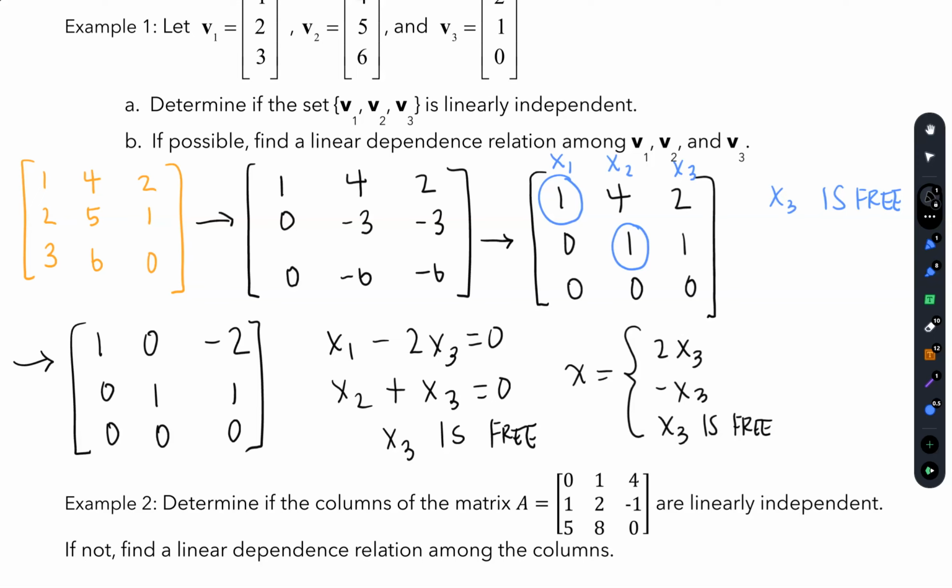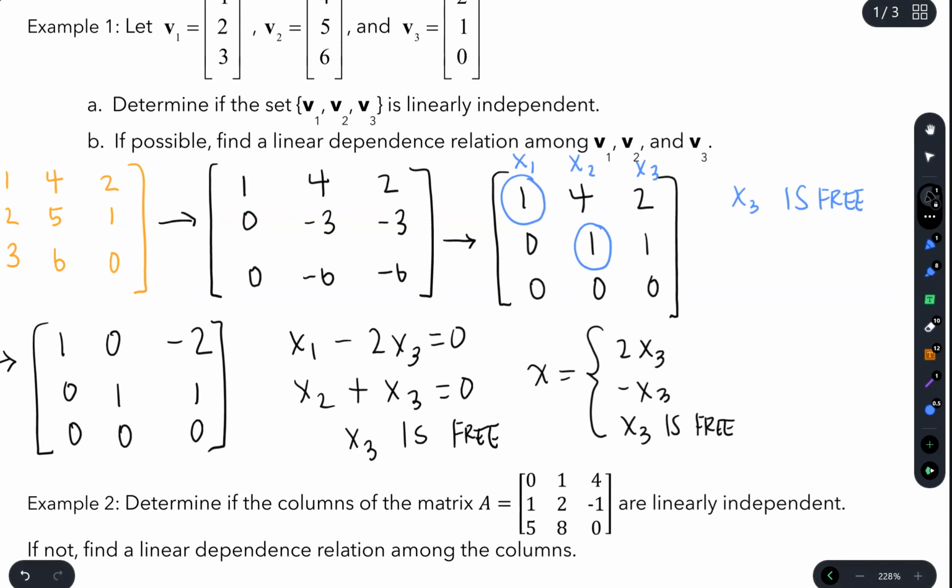If x3 is free, what does that mean I can do for x3? I can choose anything, whatever I wanted to. So all of your solutions could be different. If you chose x3 to be 10, it would look different than if you chose x3 to be 6. So what you get as a form of vectors could be different.